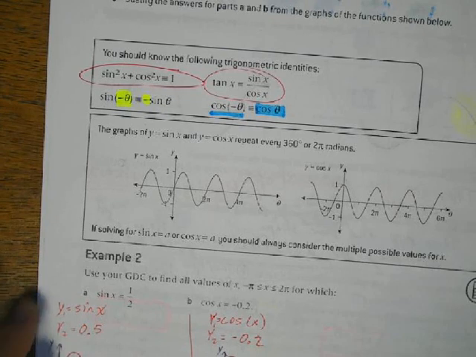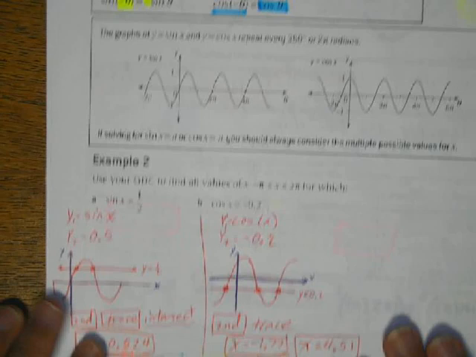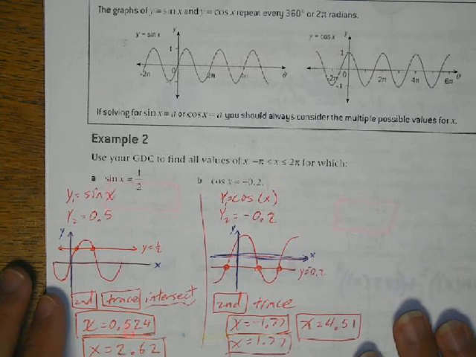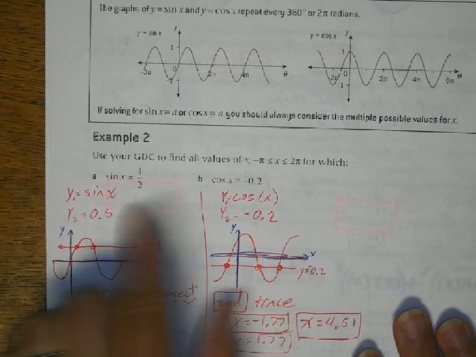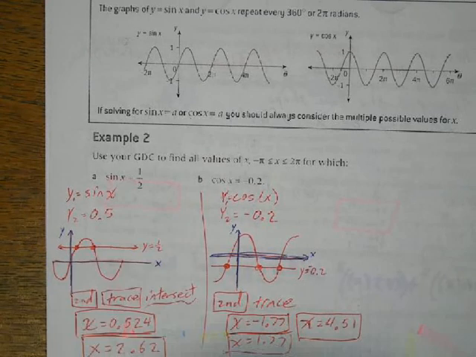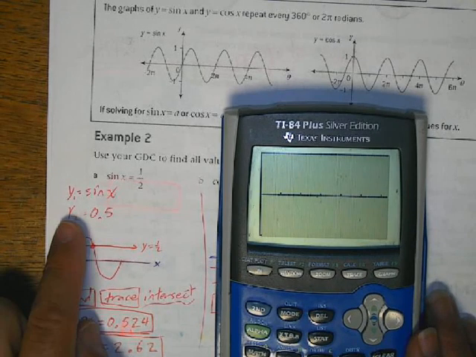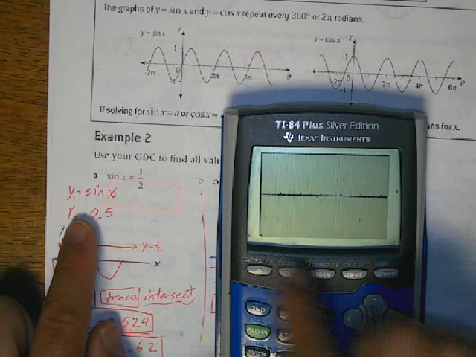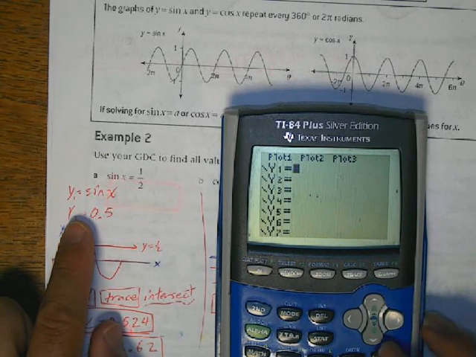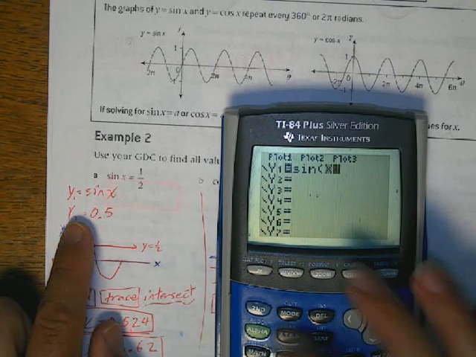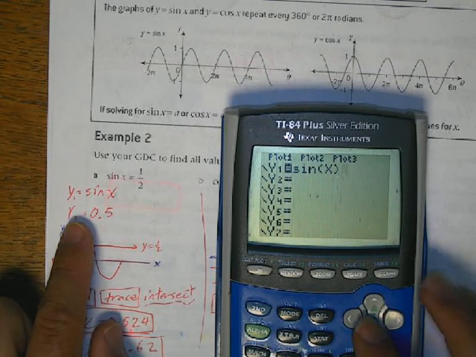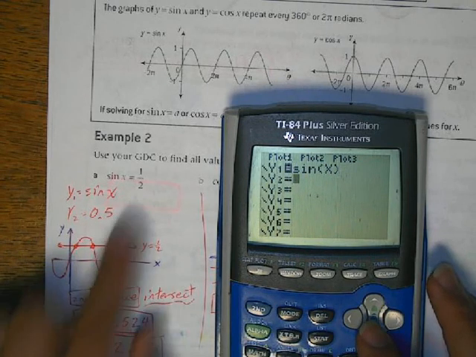Okay, to do this next example, use your graphing display calculator. I'll show you the first one here. I've got y equals sine x, and then y equals 1/2, 0.5.